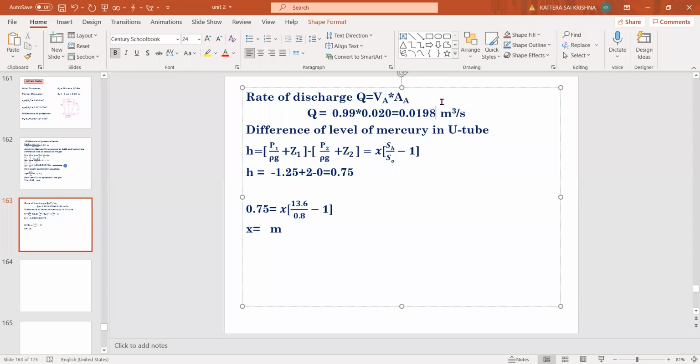This is the rate of discharge in the flow of the oil.